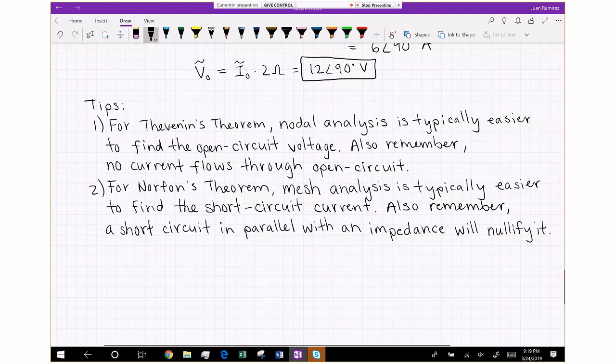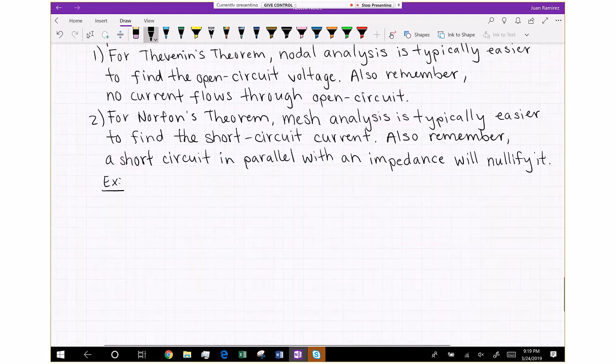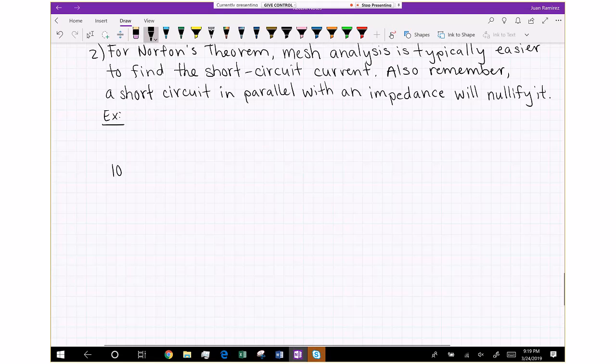Say you have a circuit like this. I'll do a quick example. Say you have a circuit that looks like this. Okay, and you have some values.